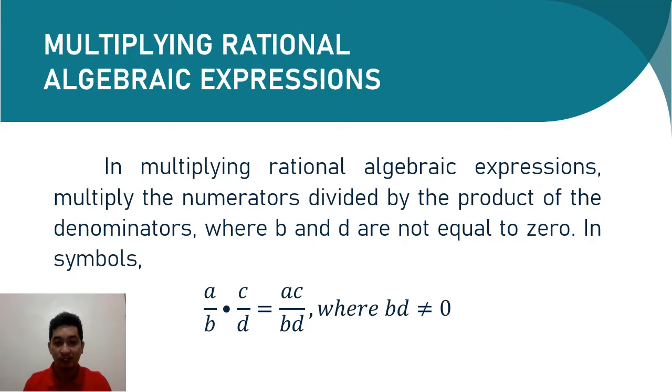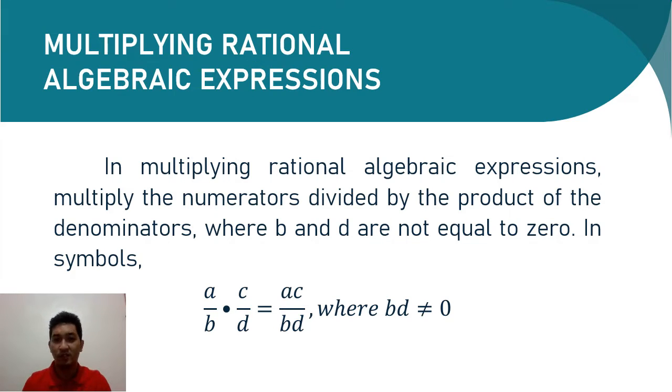Here is the detailed step: in multiplying rational algebraic expressions, multiply the numerators, divided by the product of the denominators, where B and D are not equal to 0. Simply, A/B times C/D is equal to A times C all over B times D, where the denominators B and D are not equal to 0. That's how easy it is to multiply rational algebraic expressions.